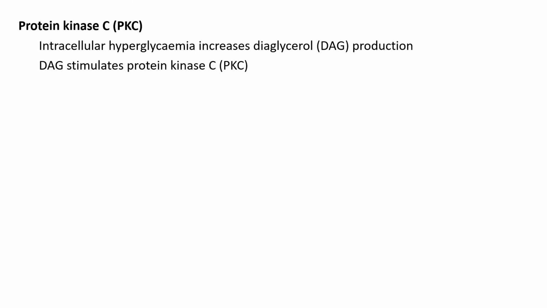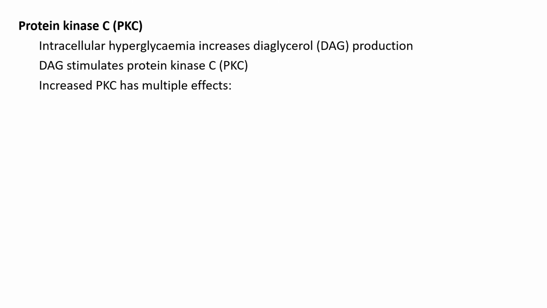Protein kinase C, this is produced because there's an upregulation in DAG. DAG then stimulates protein kinase C. Increased protein kinase C, if you remember, protein kinases, all they do is phosphorylate. They phosphorylate other enzymes, lots and lots of other enzymes that might have stimulatory effects, that might have inhibitory effects.